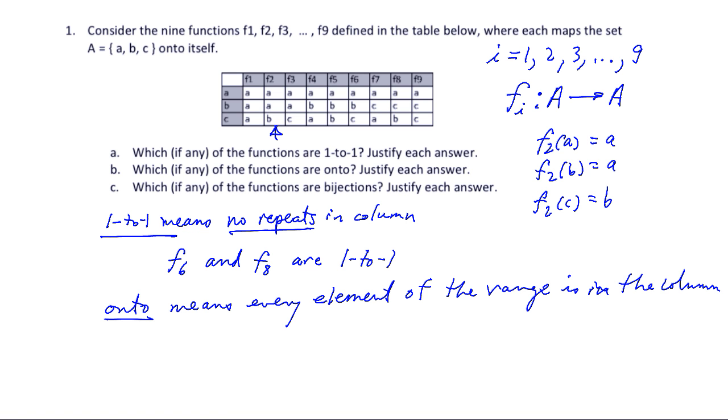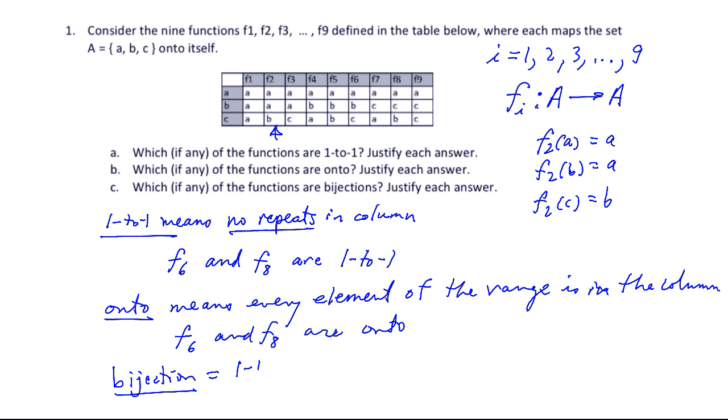And it turns out the same two are onto. And bijections mean that it's one-to-one and onto. And it turns out then that exactly the same two, F6 and F8, are the bijections.